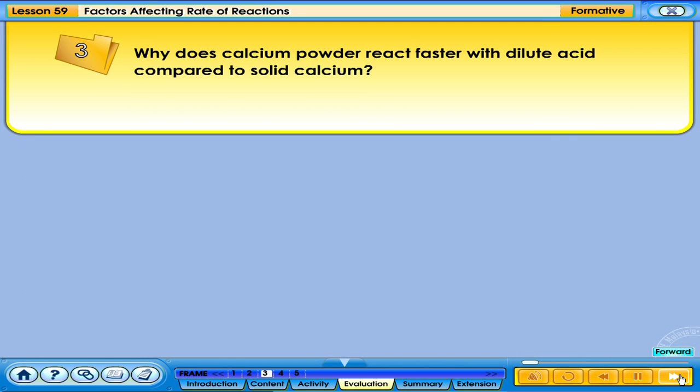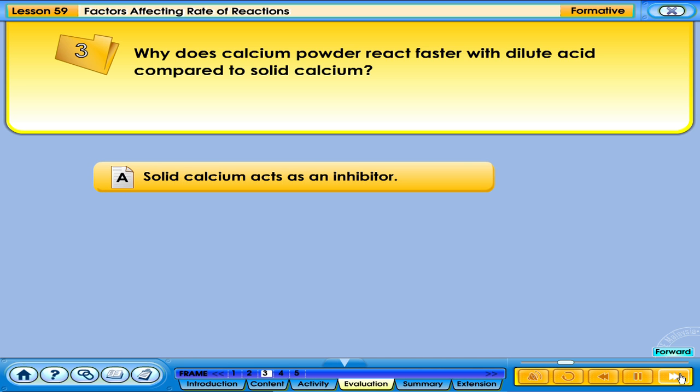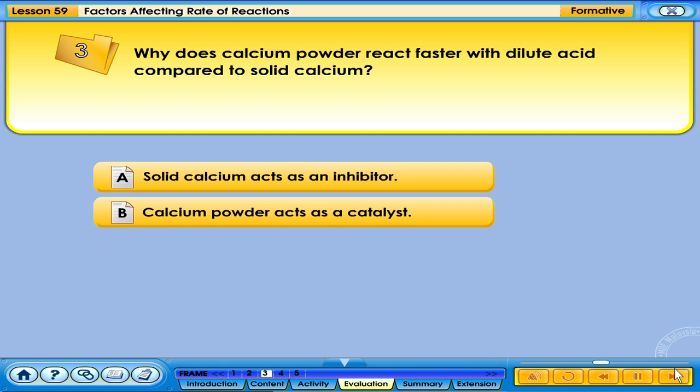Why does calcium powder react faster with dilute acid compared to solid calcium? A. Solid calcium acts as an inhibitor. B. Calcium powder acts as a catalyst.